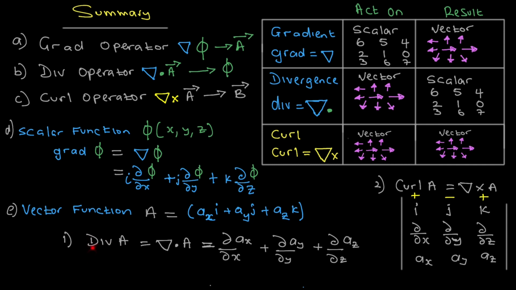We can do divergence of A, which is Nabla dot A, a dot product or scalar product, and we get a scalar value. That's the divergence. Another thing we do is curl A, which is del cross A, a cross product or vector product, and this is how we work it out using a determinant.